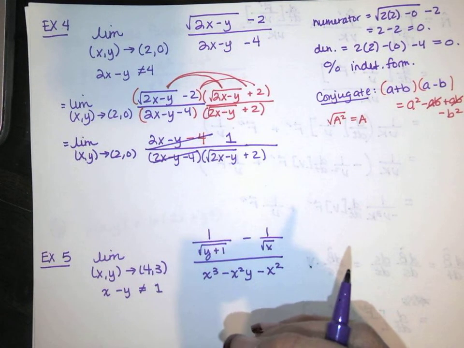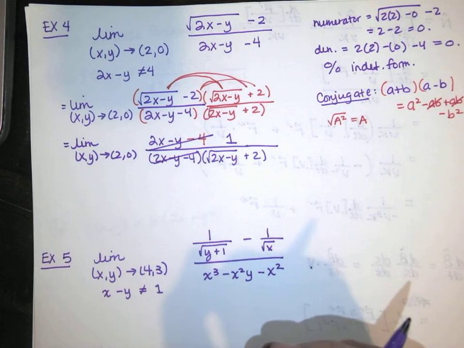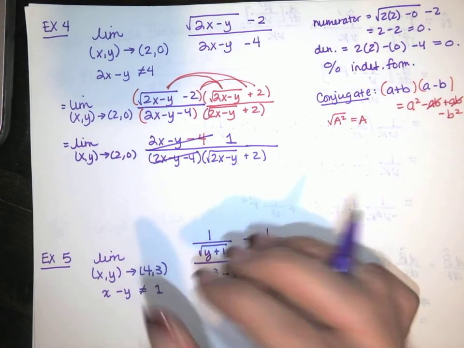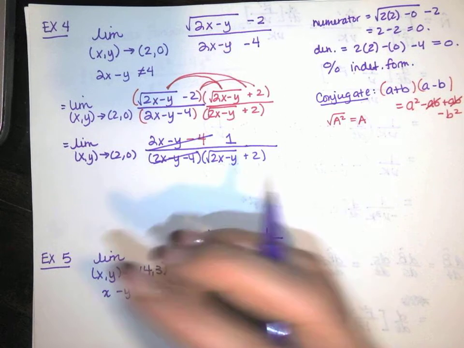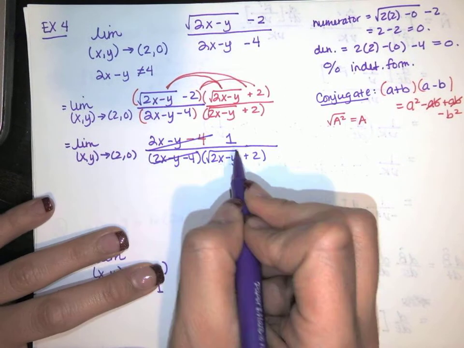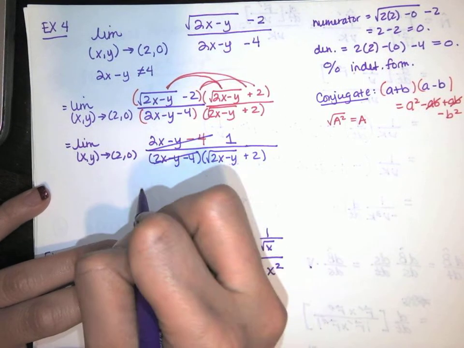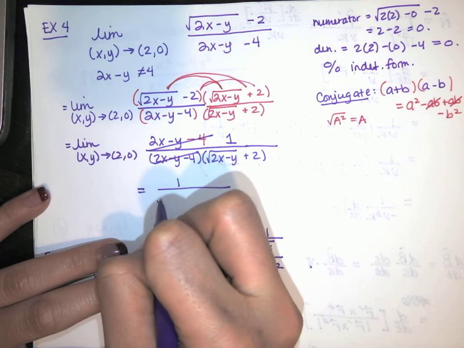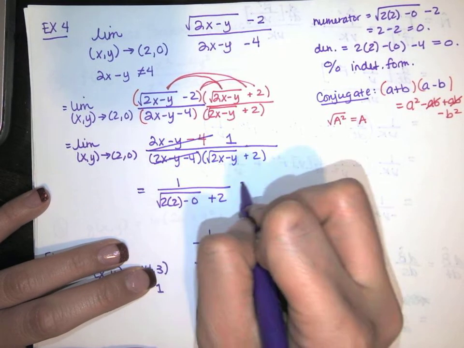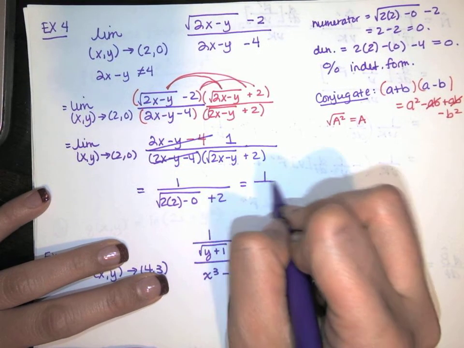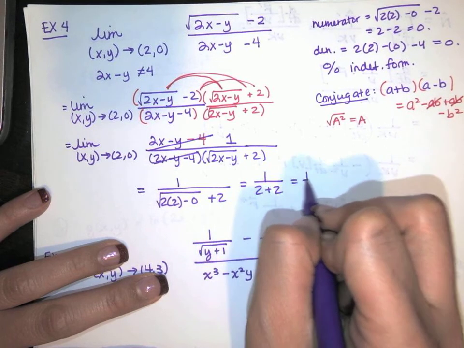Well, no. Multiplying by the conjugate got rid of it. So multiplying by the conjugate works, because usually after you distribute, you end up factoring and reducing, and you get something that is continuous. This function is continuous at this point. So now we can just plug in x equals 2, y equals 0. Square root of 4 is 2, so I just get 1/4.